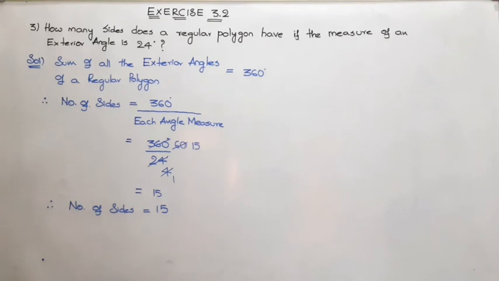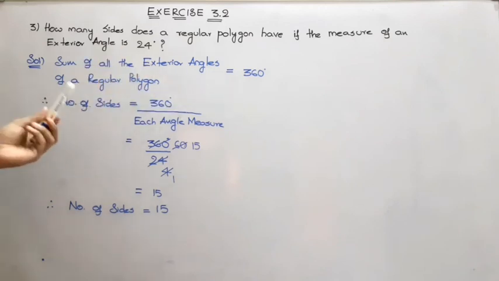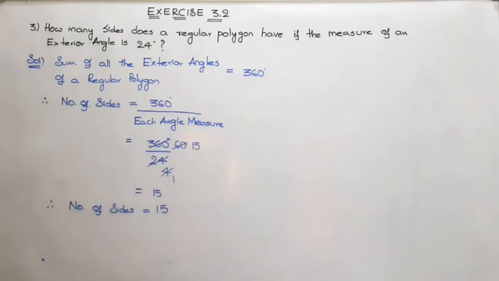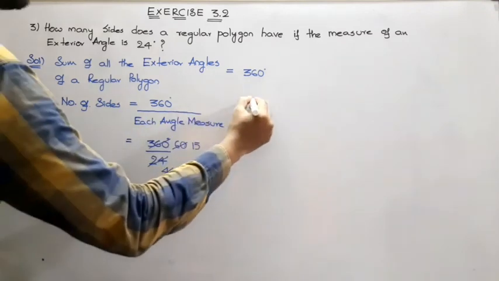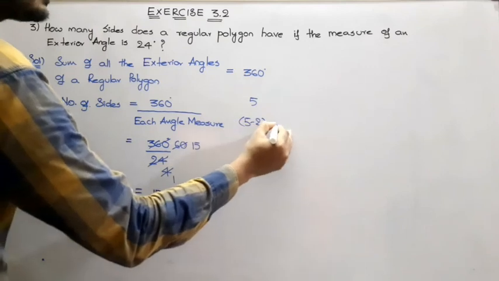Very easy problems. All we need to keep in mind is that the sum of all the exterior angles will be 360 degrees. Please be careful. Only exterior angles will be equal to 360 degrees. What will be the case when it is interior angles? For example, a 5-sided polygon, 5 minus 2 into 180 degrees.